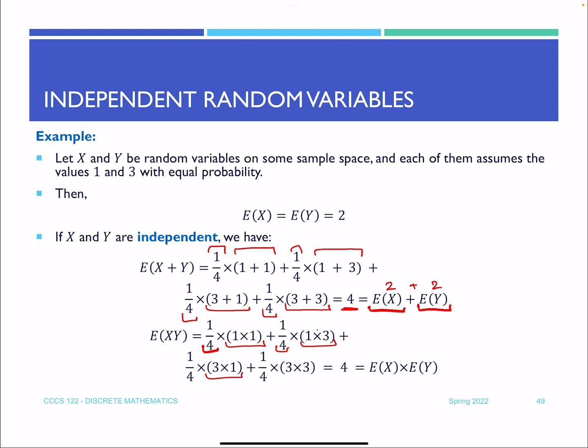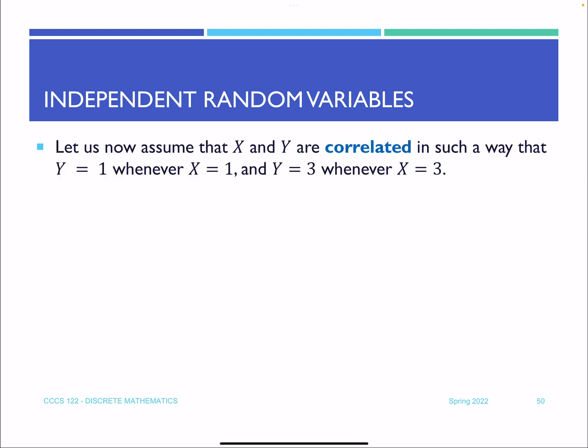A quarter probability that we'll see 3 and 1, so we're multiplying 3 and 1 in here, right? And a quarter probability that we'll see 3 and 3 in here. Do that, and you get 4, which also happens to be equal to the expected value of x times the expected value of y. So because of that, x and y, yes, are independent.